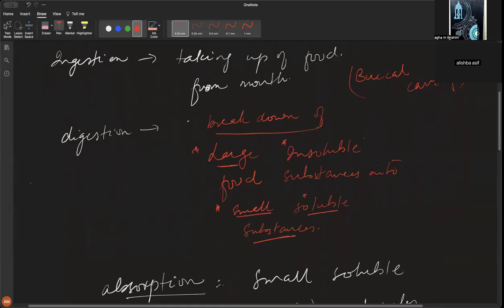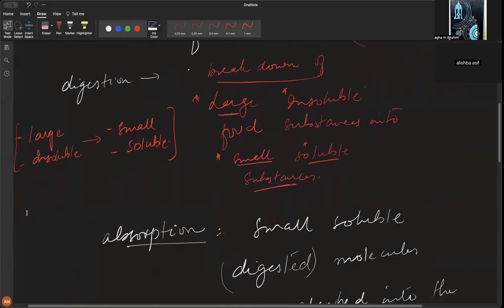So what is going on is from large insoluble to small and soluble. This is what digestion is all about in the keywords. All right. Then we move further.